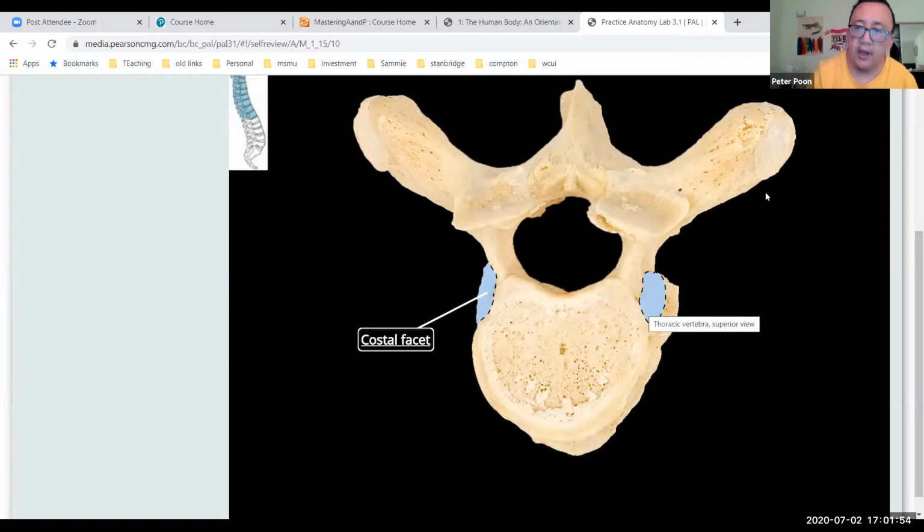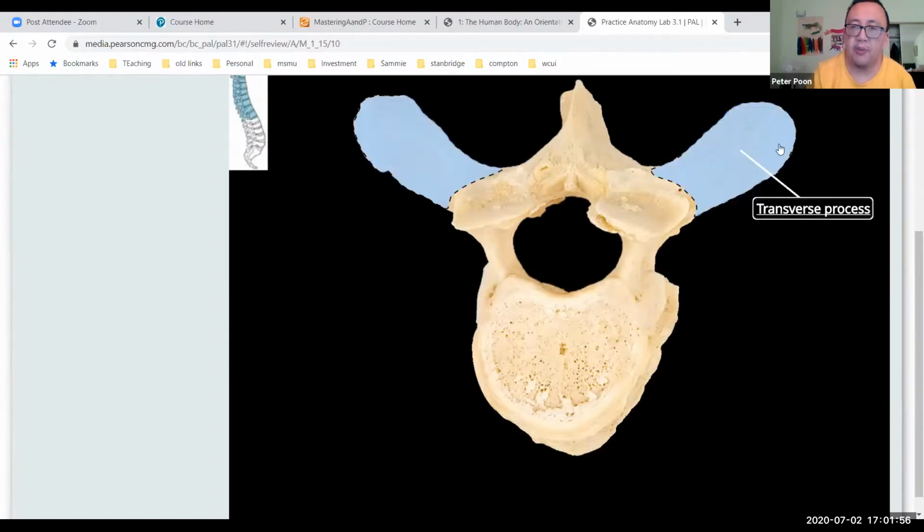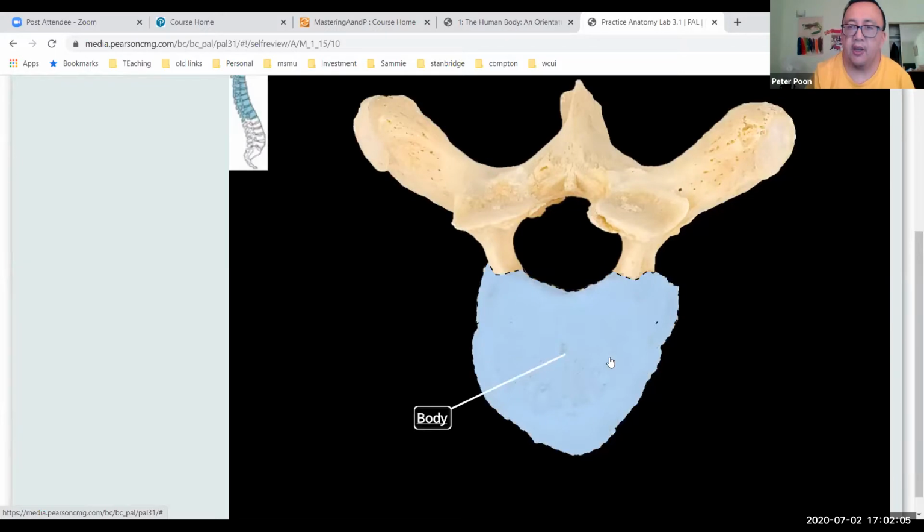There's also another indentation on the transverse process. It's labeled on here, but there's actually a little indentation there, and you can see it when it's not colored in. There's a little spot right there where the rib will plug in.